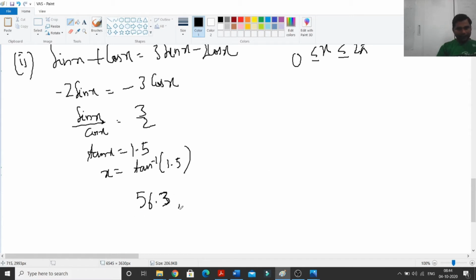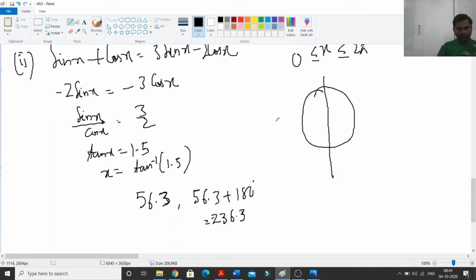180 plus this angle will give you the other value. 56.3 plus 180, so that is 236.3. Or you can draw the unit circle, and as tan is positive, it is a line having positive gradient passing through the origin.